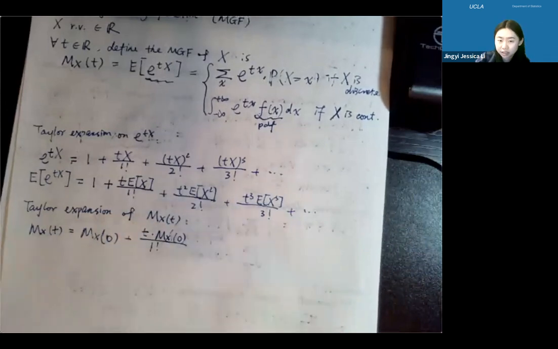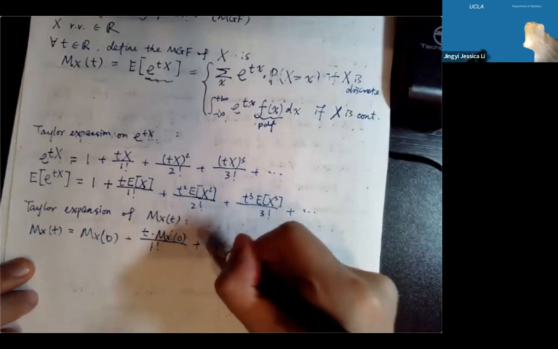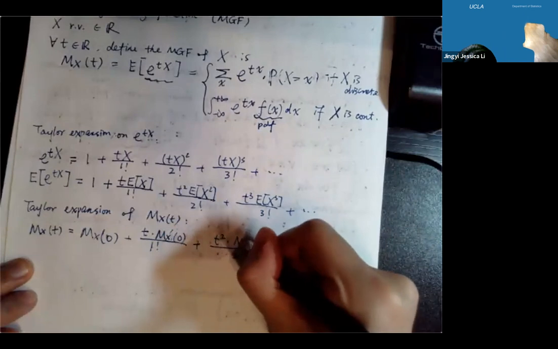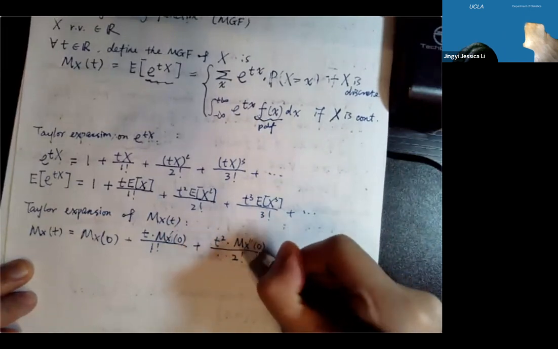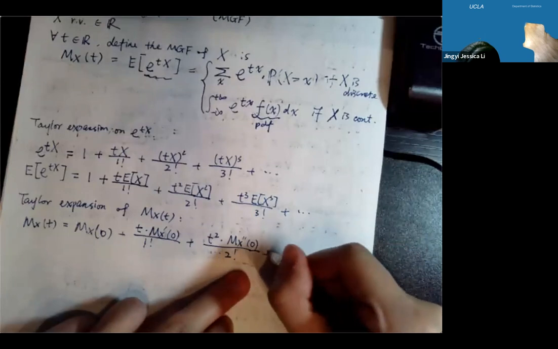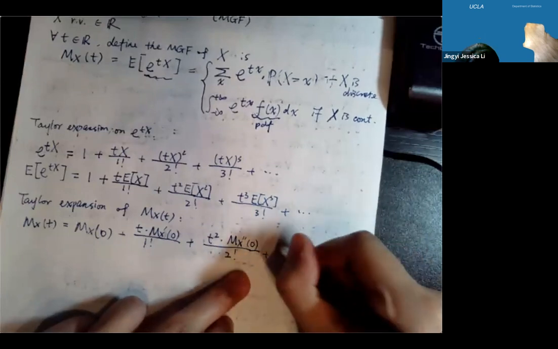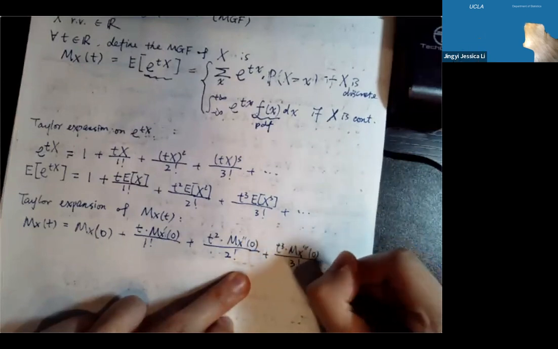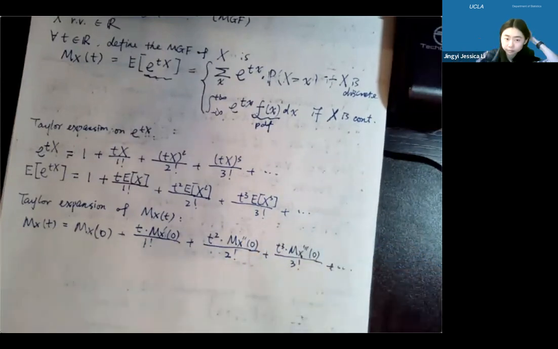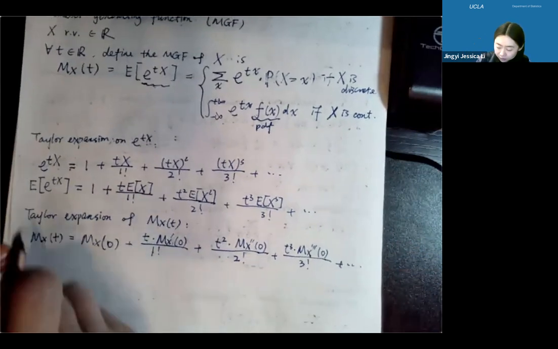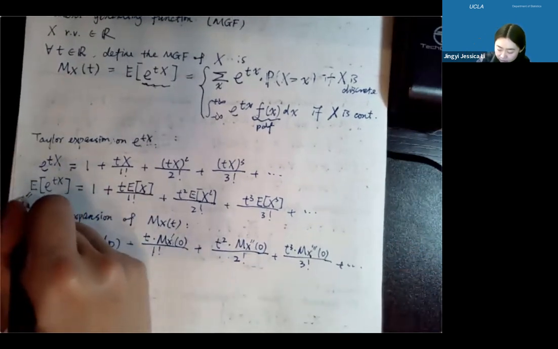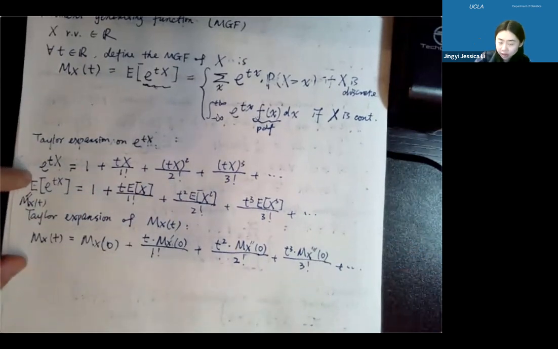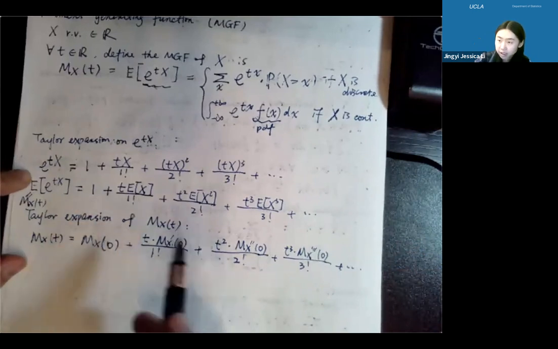That's the first term in the expansion, plus 2 factorial denominator, t squared times the second derivative at 0, plus 3 factorial, t cubed times the third derivative at 0, and so on. And also here for the above line, this is our definition of M_X(t). So basically these two things should be equal and we should be able to match their terms.